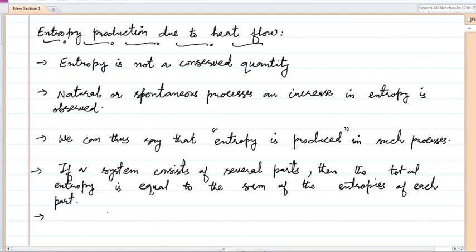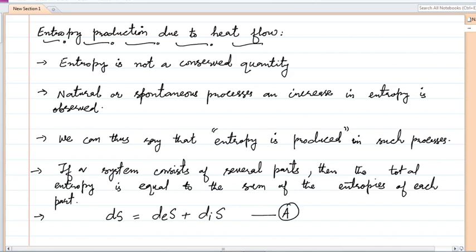Also, we know that the total change in entropy can be split into two parts, deS and diS.